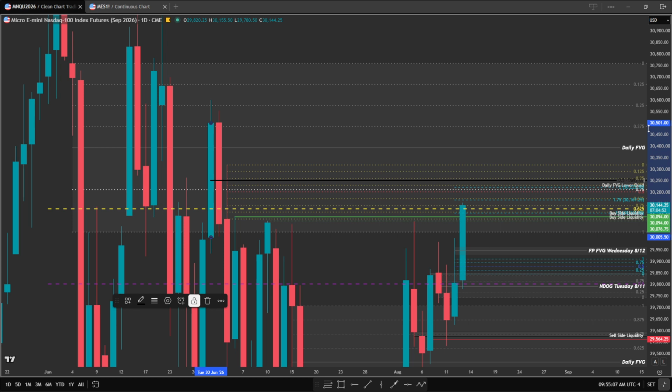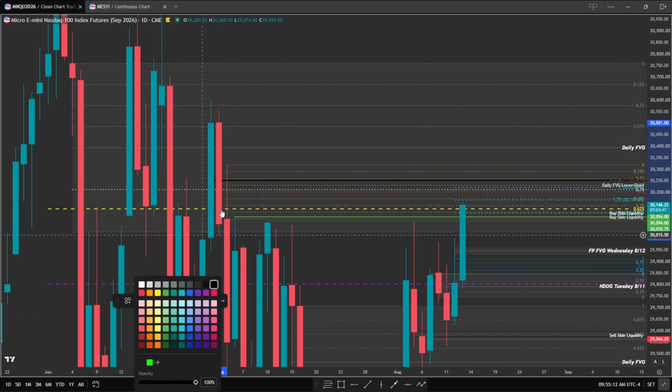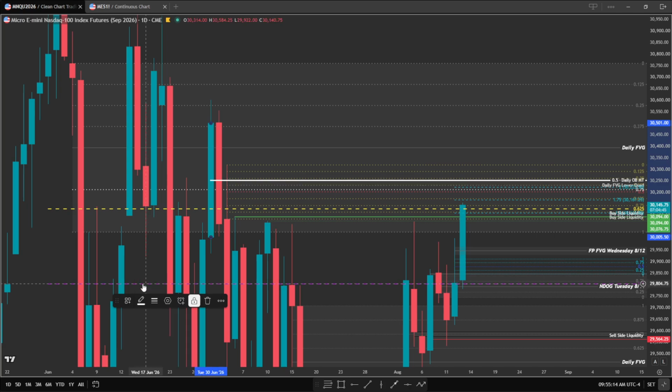Daily threshold, and we'll make it white so it really stands out. Oh, and this white level is the lower quadrant of this larger daily fair value gap. So right in here, and that's really close to the midpoint of this wick.